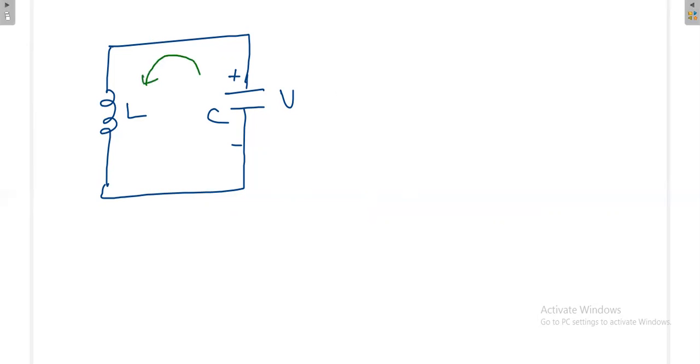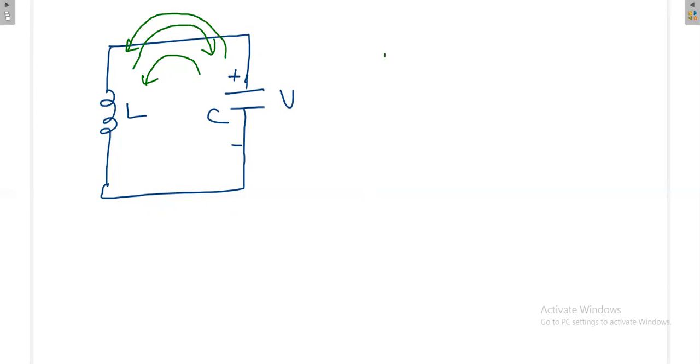Later, the inductor will give the energy back to the capacitor, and again the capacitor to the inductor, because inductor and capacitor can store energy. When the energy is more with the capacitor, it gives energy to the inductor. Once the inductor has more energy, it gives it to the capacitor.